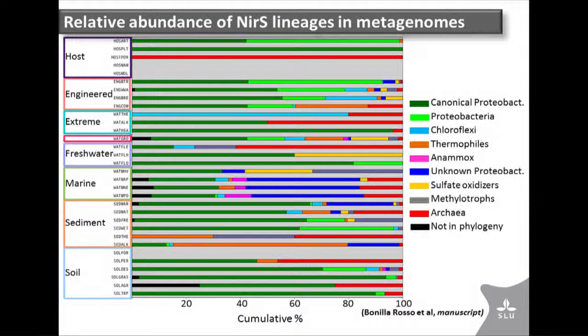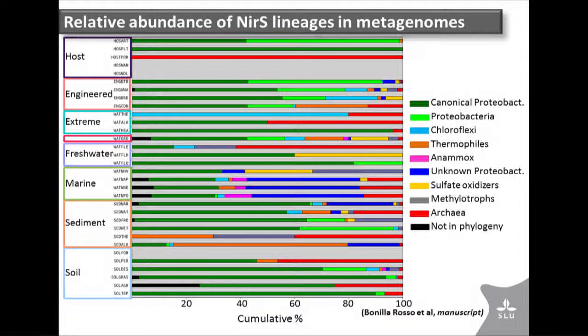We can see that the canonical denitrifiers, the typical ones we know, the proteobacteria, are dominating in the metagenomes that we analyzed. Since this is a soil conference, I can point out that there are no hits for NirS in forest soils, but we know they exist there by targeted approaches, just not in the metagenomes.